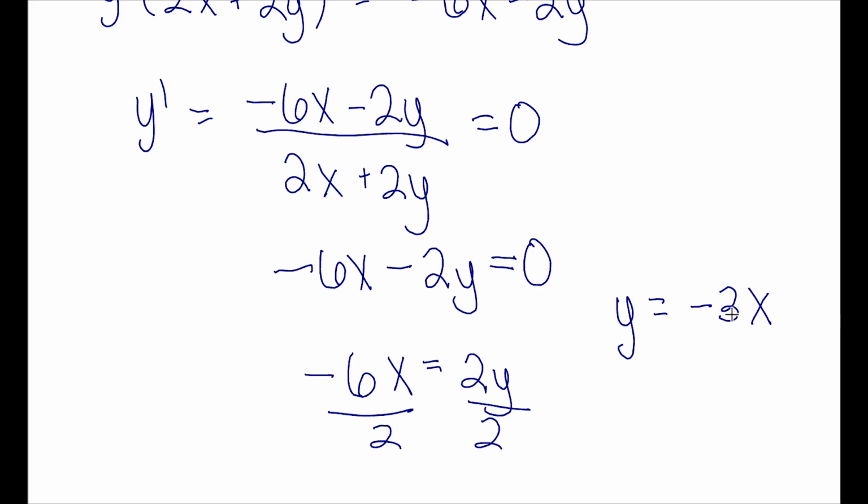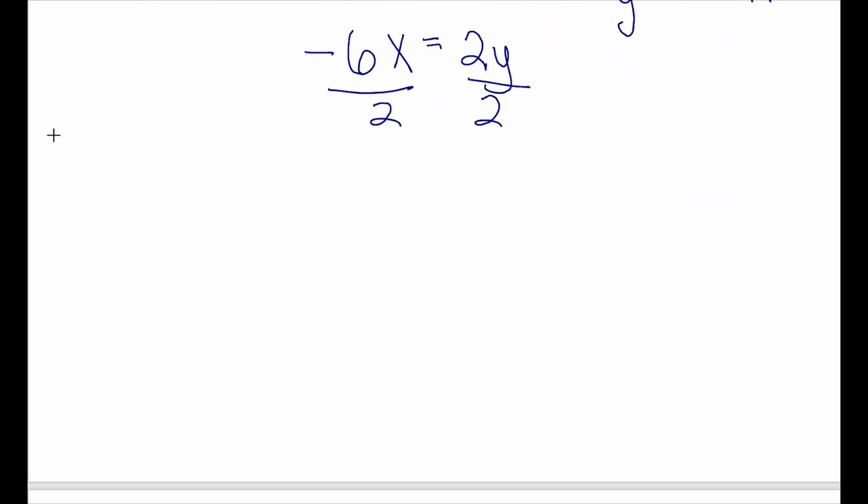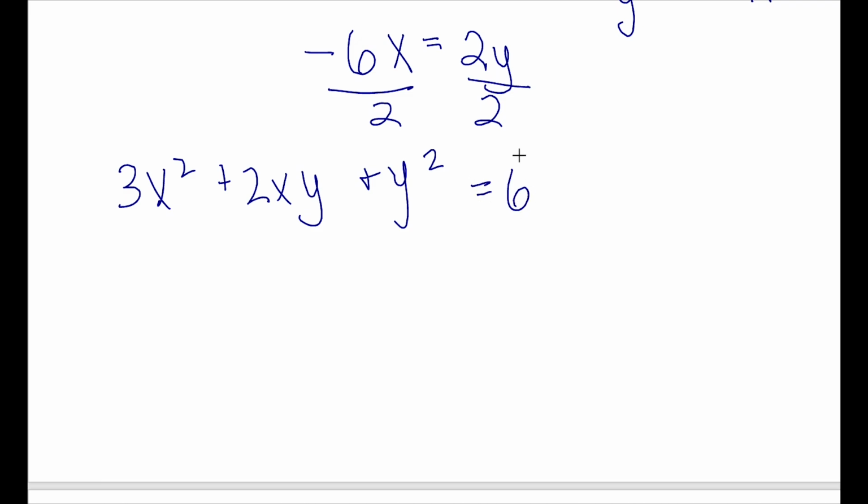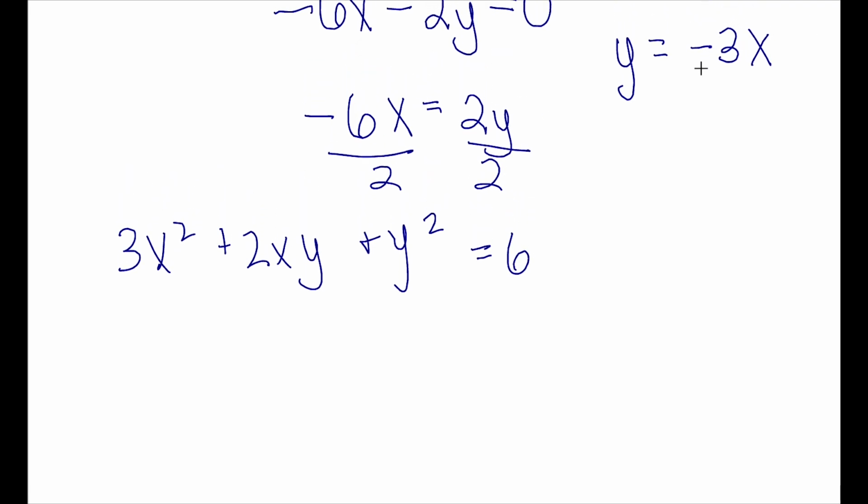So we plug this in for every y we see in the original equation, which was 3x squared plus 2xy plus y squared equals 6. So every time I see a y, I'm going to replace it with negative 3x, so we have one variable to deal with. And of course, you could have done it the other way too, but then you'd have a fraction for a coefficient.